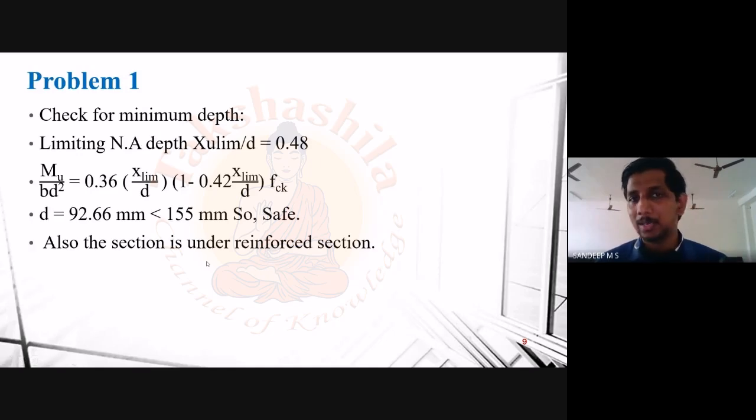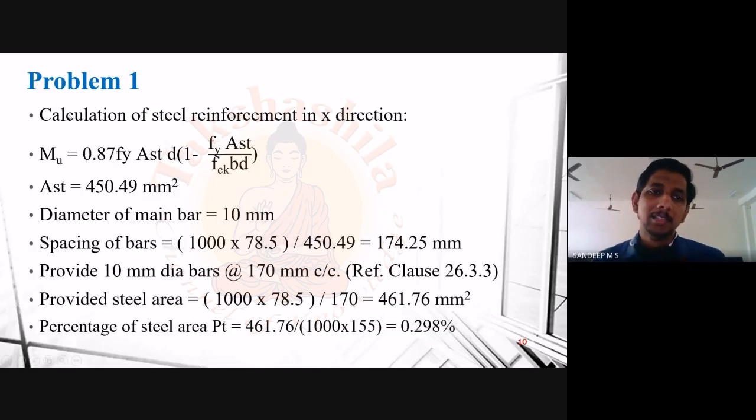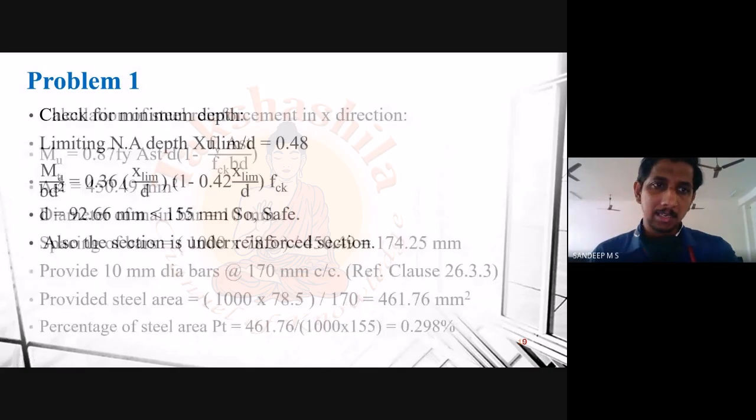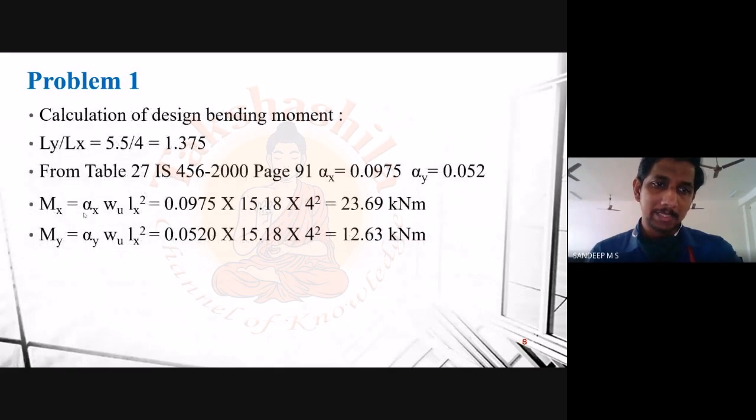So how can we calculate the Ast now? For that, similarly as we were doing in one-way slab, we will be using the equation corresponding to under-reinforced section, that is this equation, and from this you can calculate the value of Ast. And here, when you perform the design in the x direction, you have to substitute the mx value. That is, you have calculated two quantities, one mx and one my.